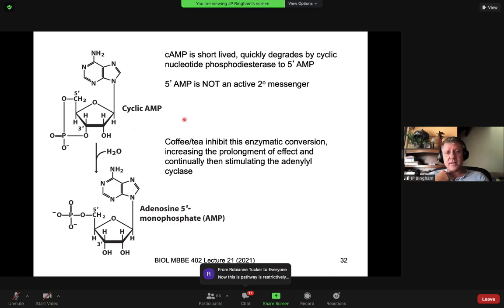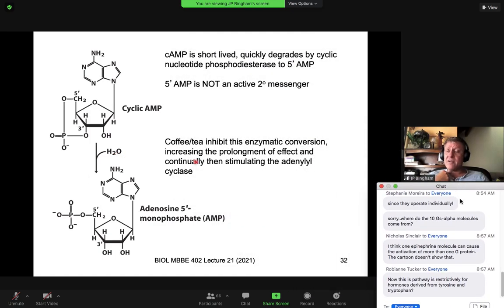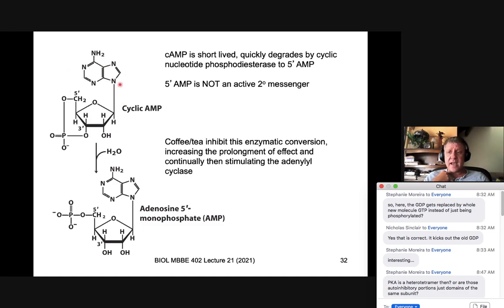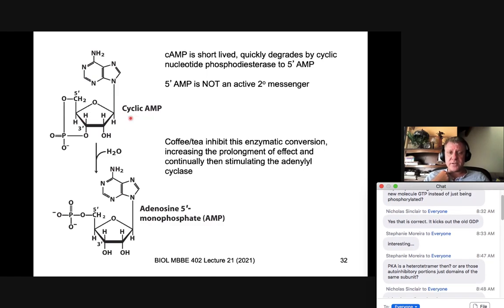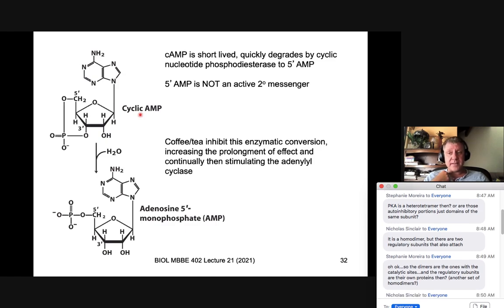And as we said, tea and coffee inhibit the conversion and therefore increase the circulatory lifetime of the cyclic AMP. So it increases its bioavailability, what we call circulatory half-life. In the normal situation, the half-life for this molecule might be only a few milliseconds.